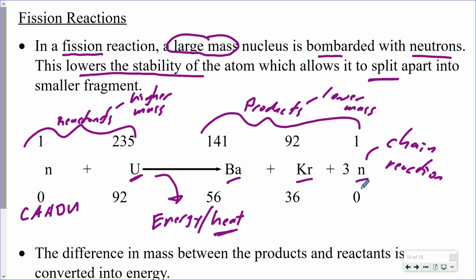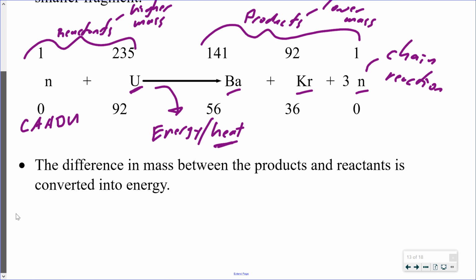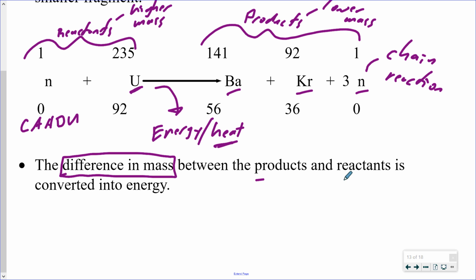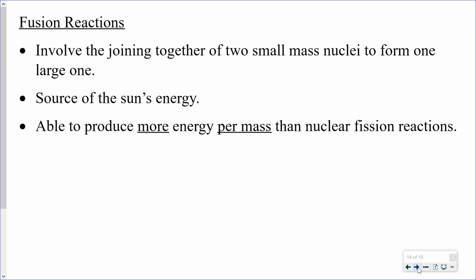That is how we use nuclear energy and turn it into electrical energy. So it's the difference in the mass between the products and the reactants that we're interested in initially, and then we use that to determine how much energy is going to be released in a nuclear reaction.